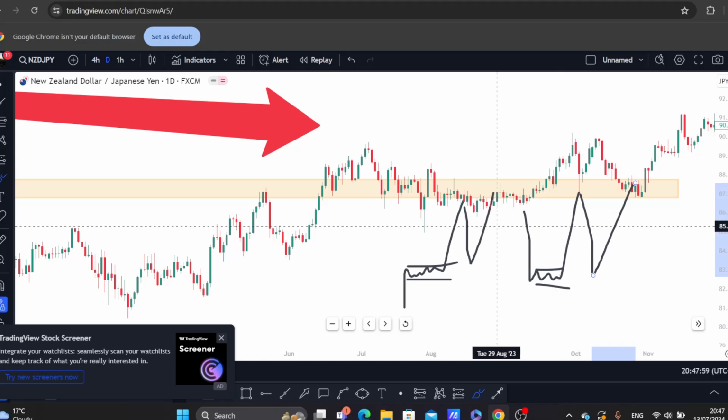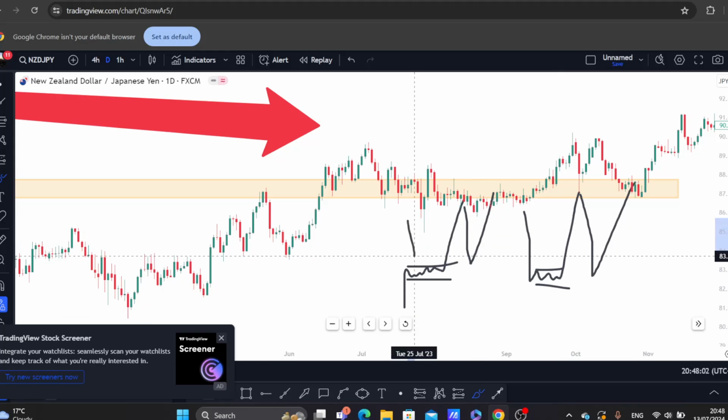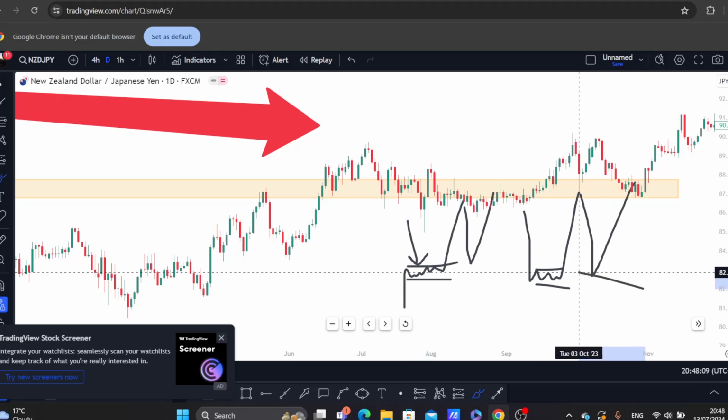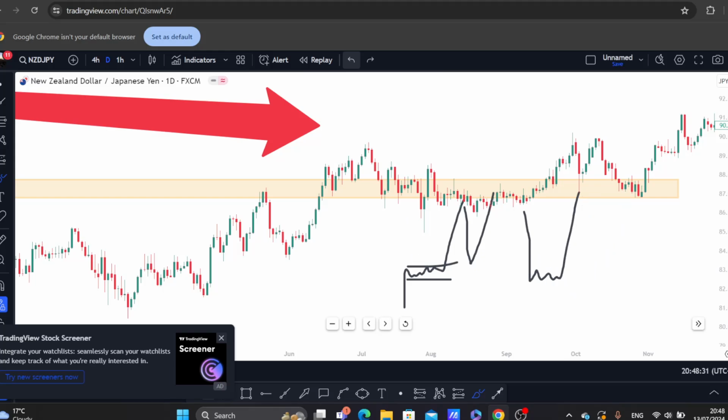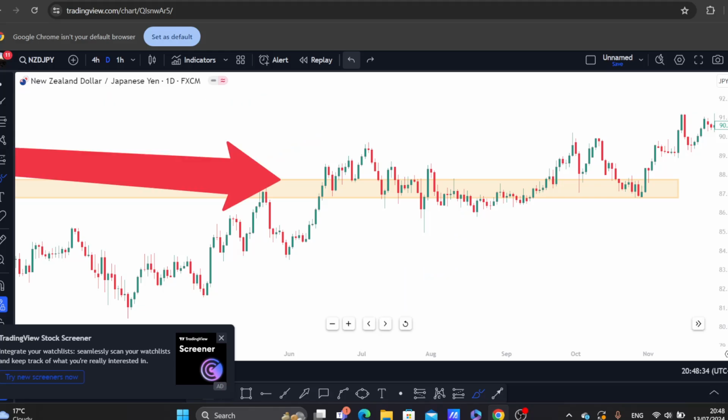So this first one right here is a continuation pattern, while this one right here is a reversal pattern. Let's say we were in an uptrend, and then we created this zone here and pushed up. If we get a pullback, then you take the trade. So those are the two types of demand zones that we have.